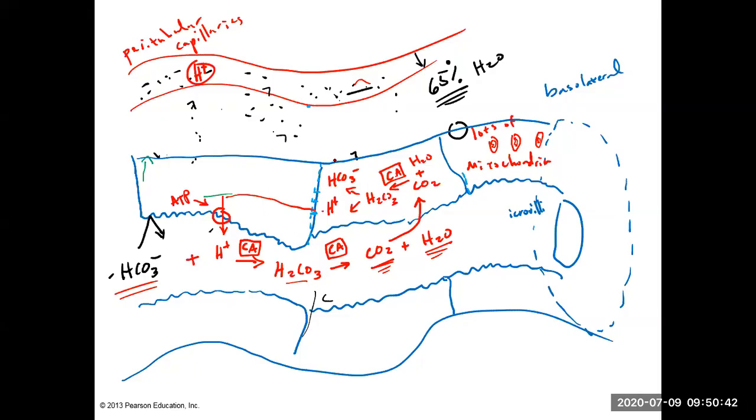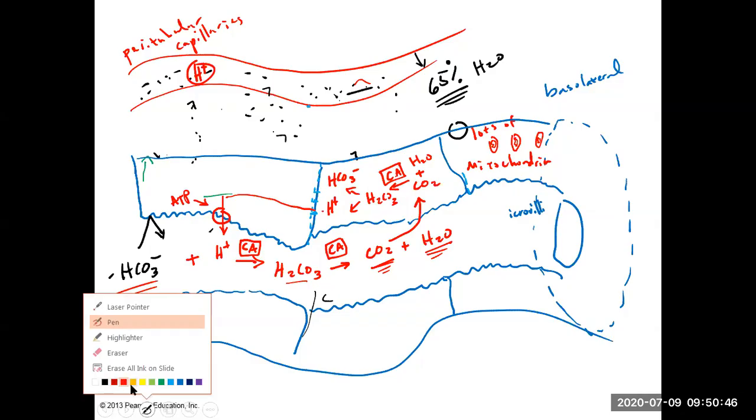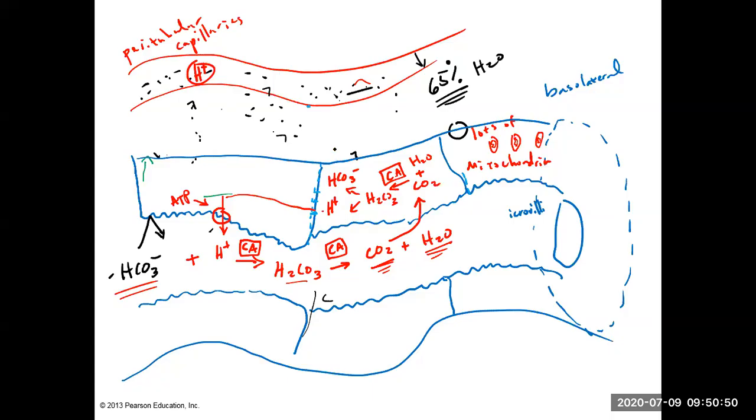Now watch. Let me use another color. Let's use this color. Maybe. I don't know if you can see it. All right. So now HCO3 is going to go out, all right, and chloride is going to come back in.